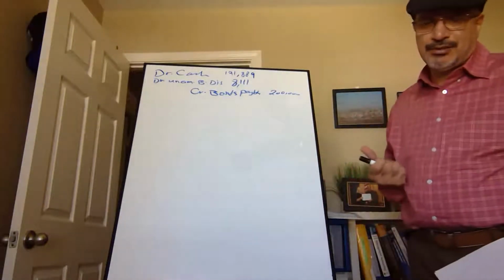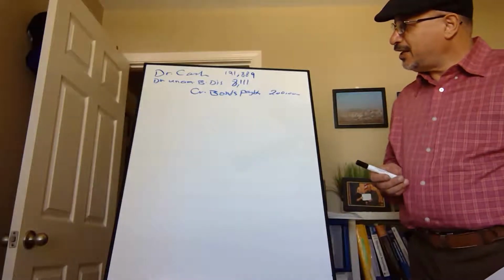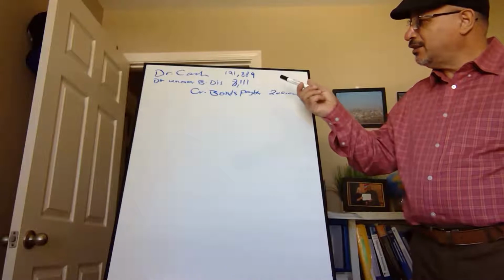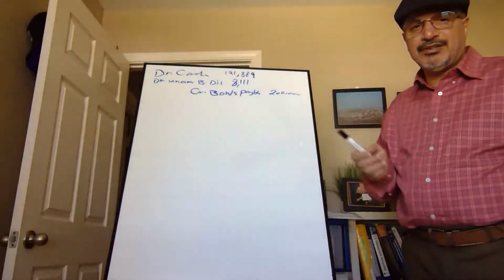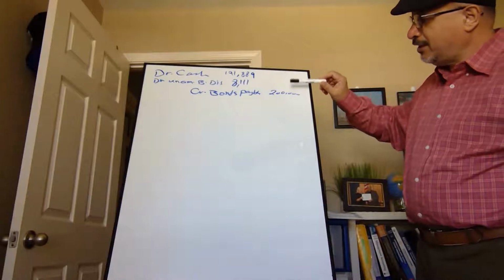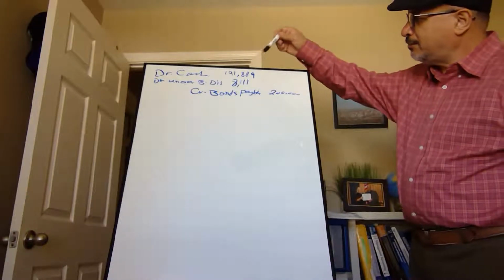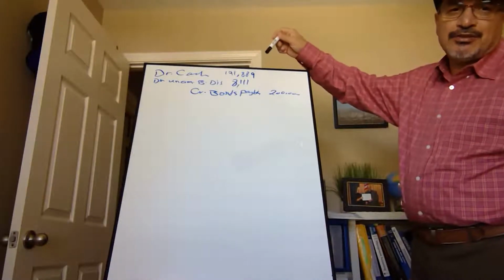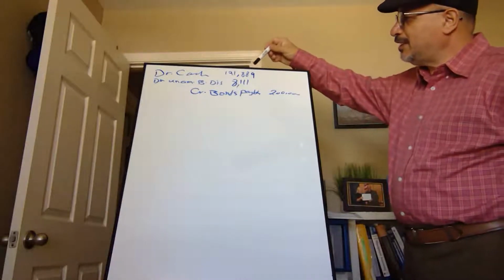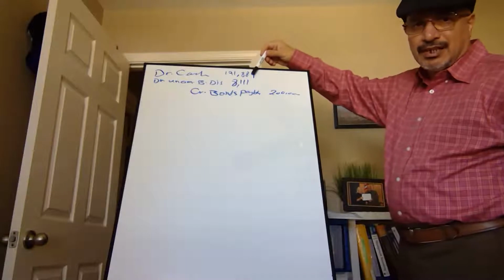That's what the example says. So in this case, the sales value, or the present value of the bond, is 191,889.